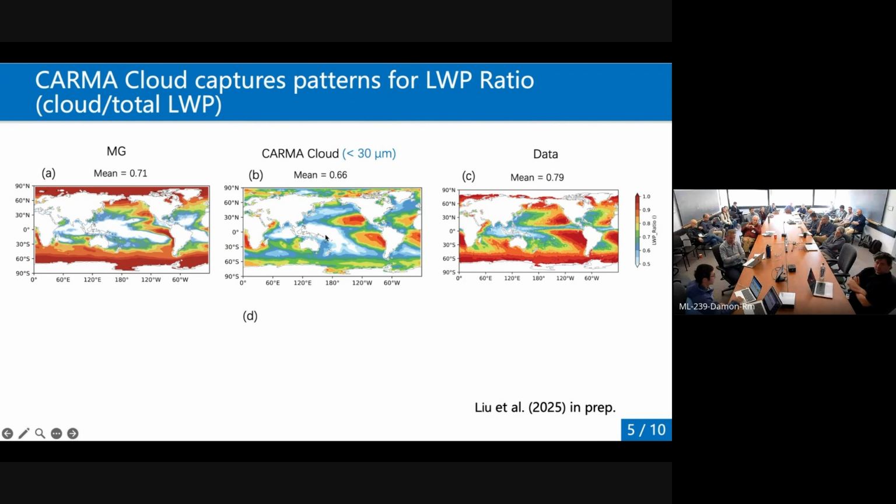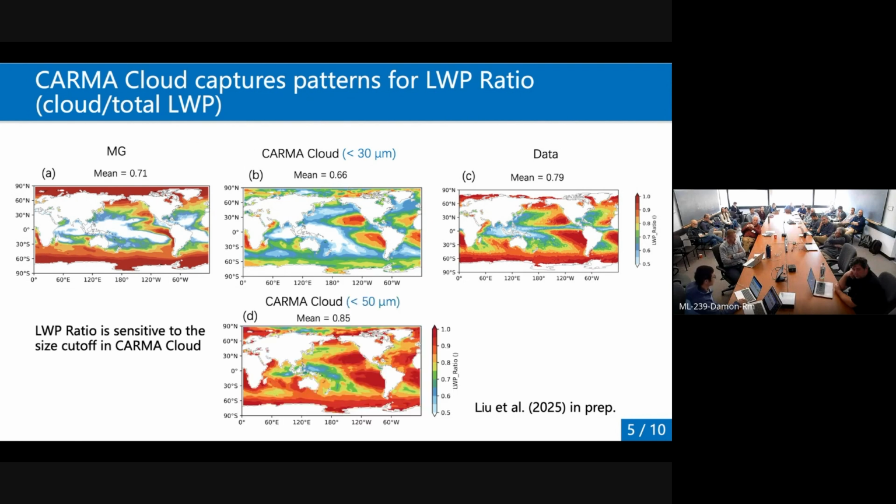And those red colors mean the ratio is greater than 0.85 or 0.9, which means the cloud-sized particles dominate the liquid water path. For Karma Cloud, we have similar patterns to the data, while the value is about 0.66, which is smaller than the data, while the patterns look good.